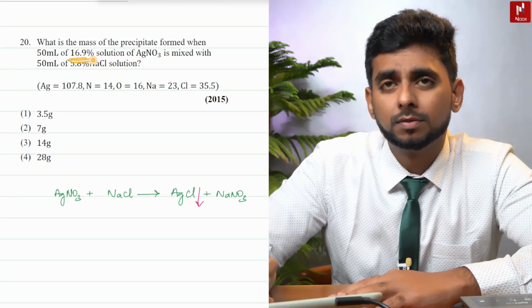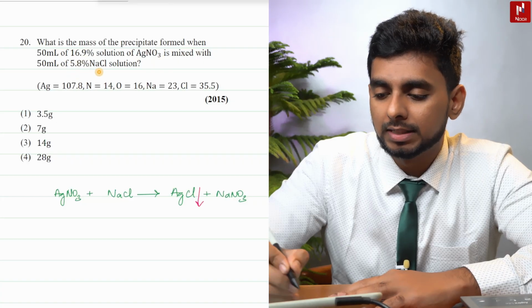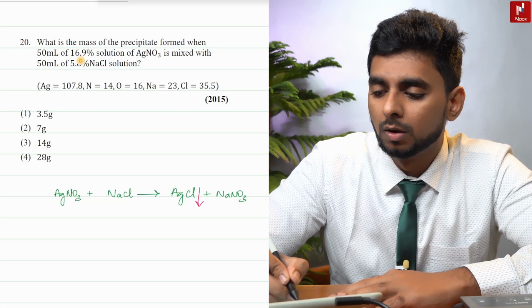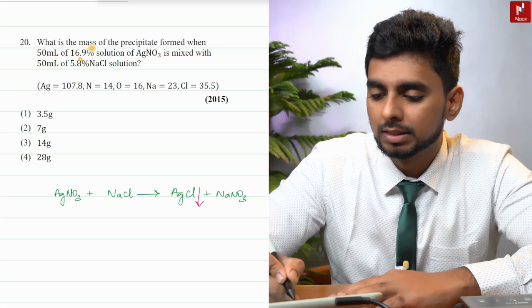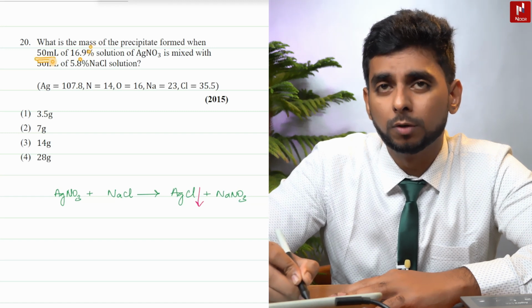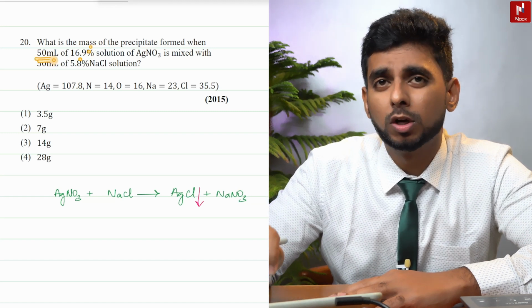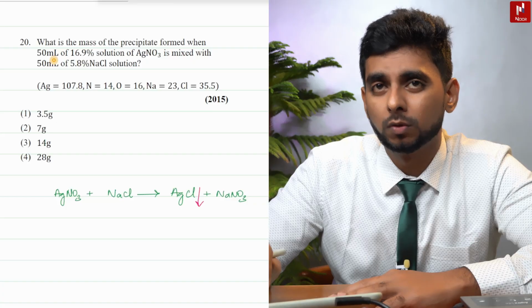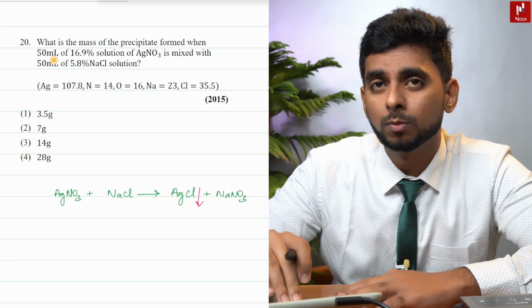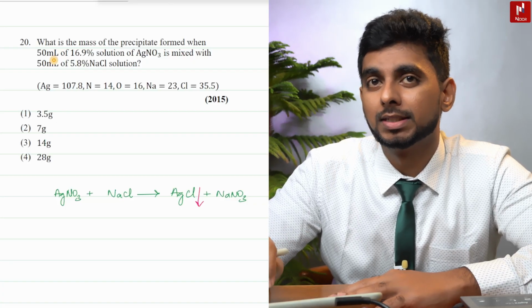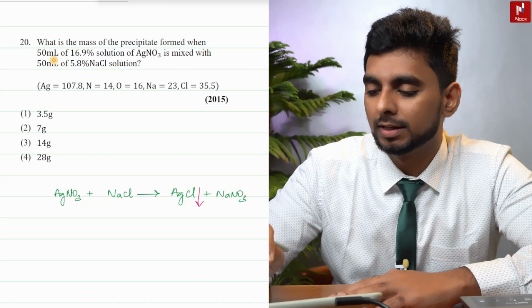Here they have given us the percentage of AgNO3 and NaCl. The percentage is measured with respect to mass and volume. So this is mass by volume percentage, which means the mass of the solute will be in the numerator and the volume of the solution in milliliters. You should be clear with the theory that I've taught you.